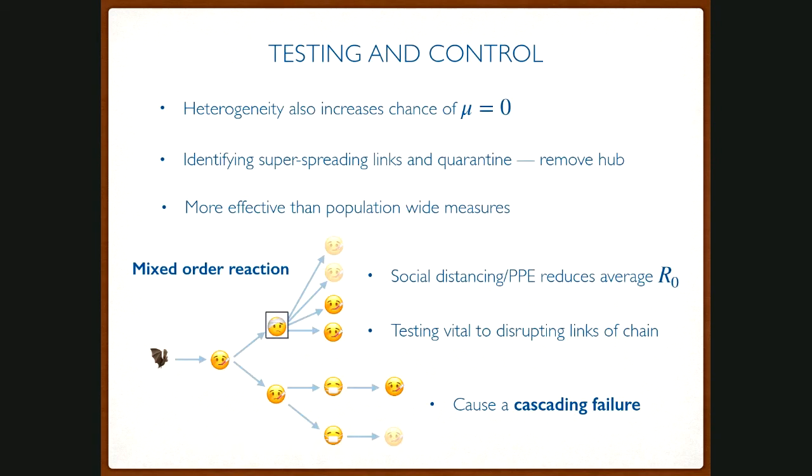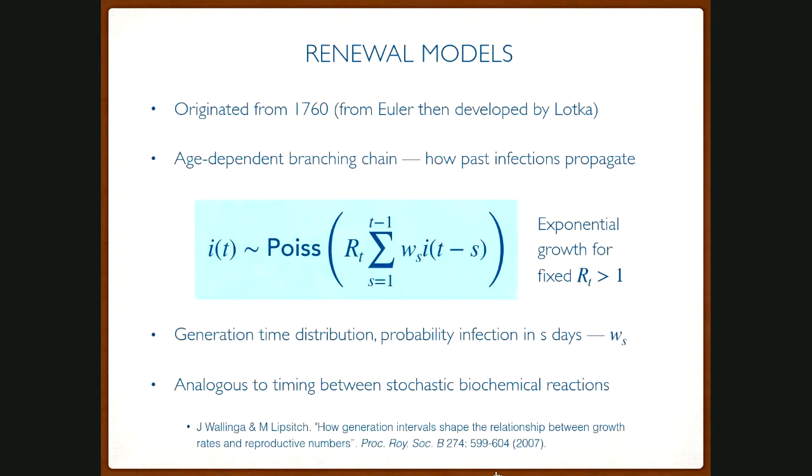So if we go back now, we get to a variation of the branching process called a renewal model. It has an origin with the work of even the great mathematician Euler. And what we're saying is that the chain reaction now has some sort of age dependence or time dependence.